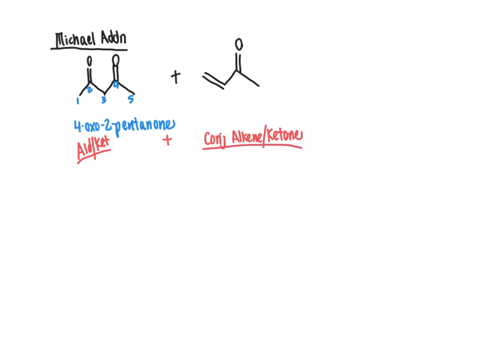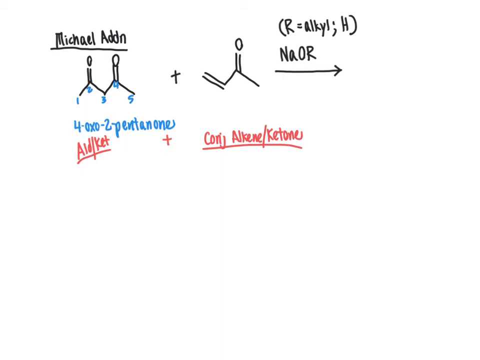Now what's going to happen here is we will treat this with a base, which I'm going to refer to just as NaOR, where here the R could be an alkyl group. It could also be a hydrogen atom there.